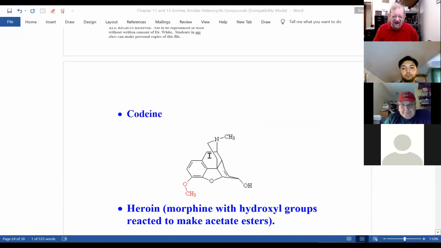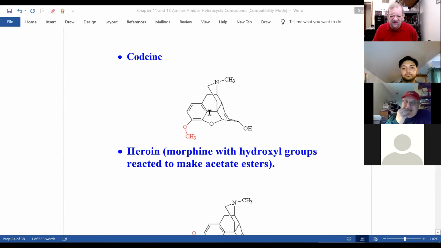And if you do that, this is the same structure, just drawn a little differently. All I've done, oh wait, actually this is different. If I take the alkoxide from an alcohol and react it with an alkyl chloride, I make an ether. And this is codeine. And codeine is quite a good painkiller.